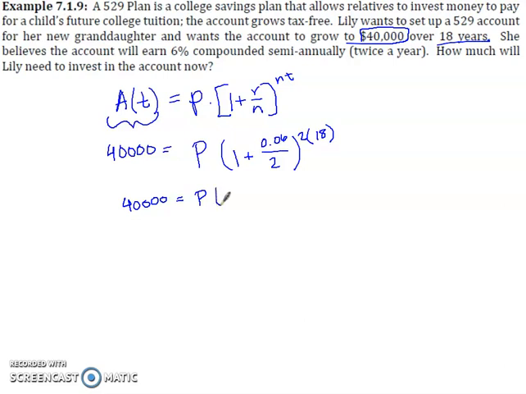When I simplify, I have P times 2.89. I'll go out a couple more decimal places just to be a little more accurate. And then to solve for P, I divide.